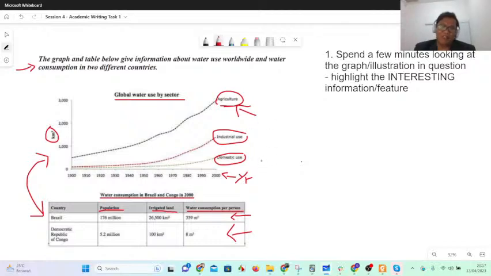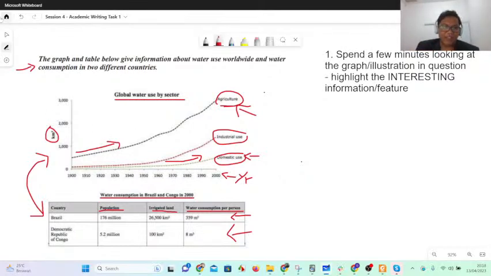So if we want to keep it to the interesting side, definitely keep it to domestic use being the smallest usage and agriculture being the highest, right? And this is a consistent trend. As you can see, there are no changes from 1900 to 2000. That's the main feature, for example.